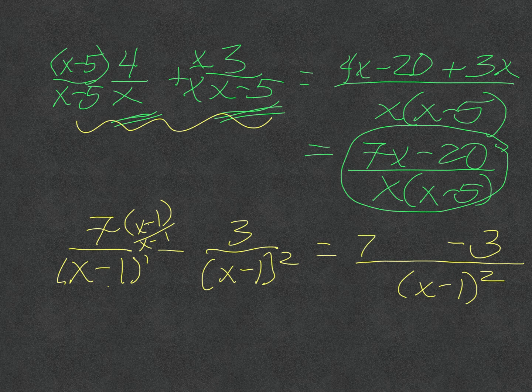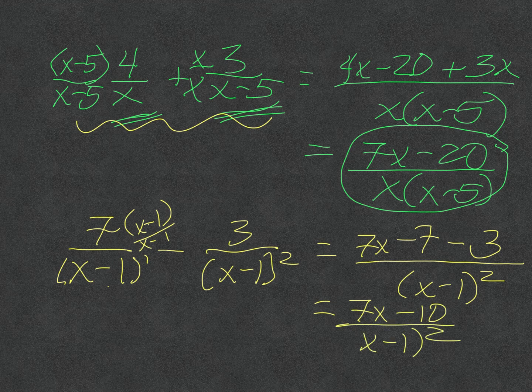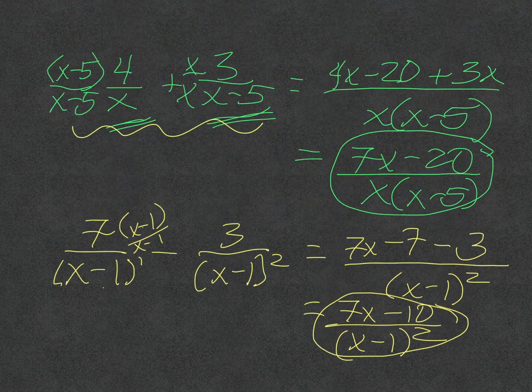And so that becomes 7x minus 7. Again, we collect like terms, 7x minus 10 over x minus 1 squared. 7x minus 10 does not factor, so this is our final answer. All right. Let's go to another problem.